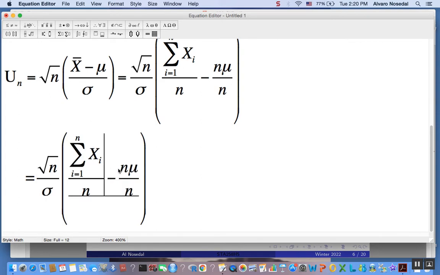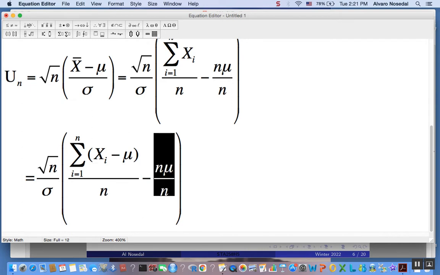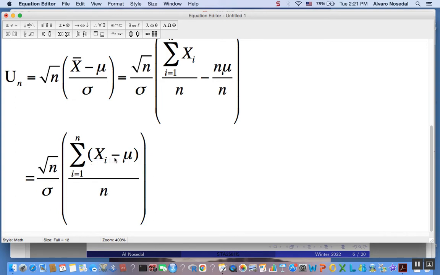So instead of having n times mu, I could absorb that here: the summation of xi's minus mu is the same as the summation of xi's minus n times mu, and I'm just dividing by n, a common denominator, so just re-expressing this.